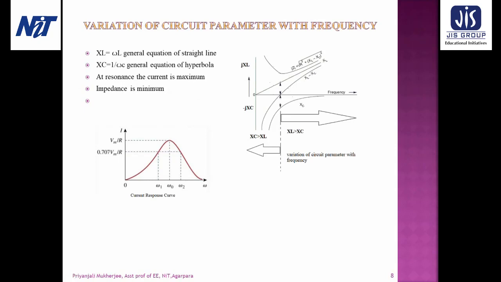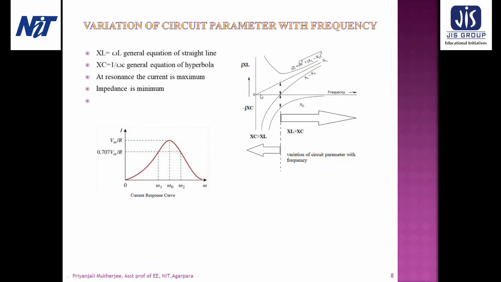Next is the variation of circuit parameters with frequency. XL is the inductive reactance, equal to 2 pi f L or omega L. Comparing this with the equation y equals mx, it becomes the equation of a straight line, starting from 0 and increasing as the frequency increases, as both inductive reactance and capacitive reactance depend on the frequency.